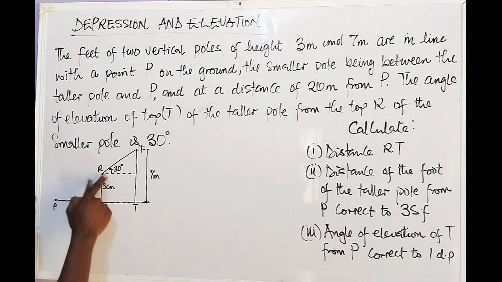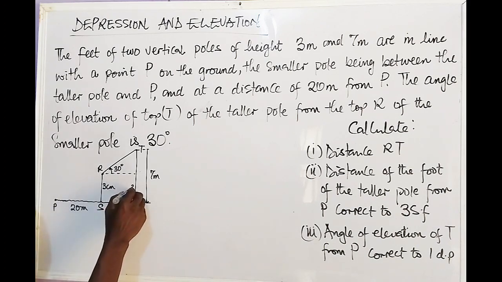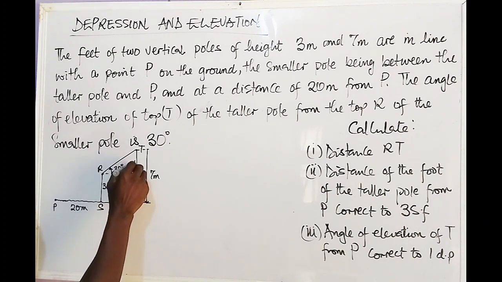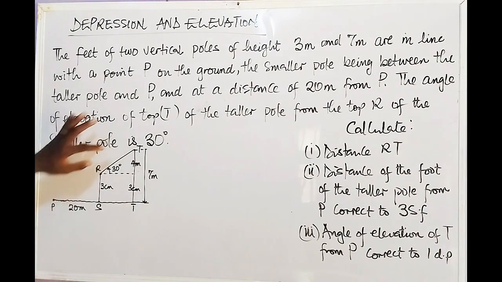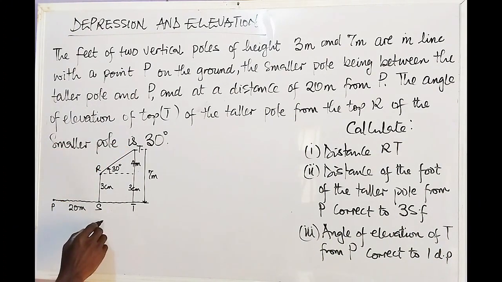Taking the same dimension away from the 7 meters, here also will be 3 meters, and here will be 4 meters. With this, we can find RT. Drafting that out, this is 30 degrees, and this is 4. Let's make this one X.